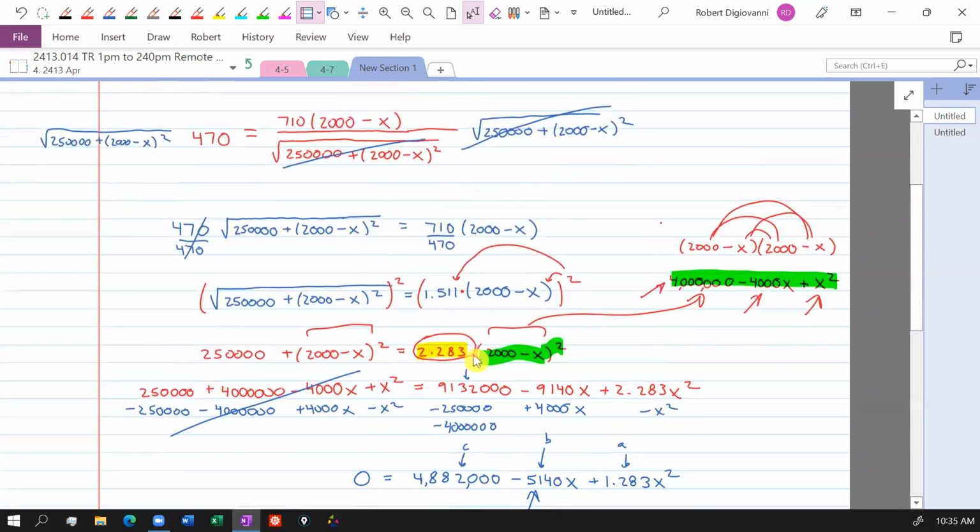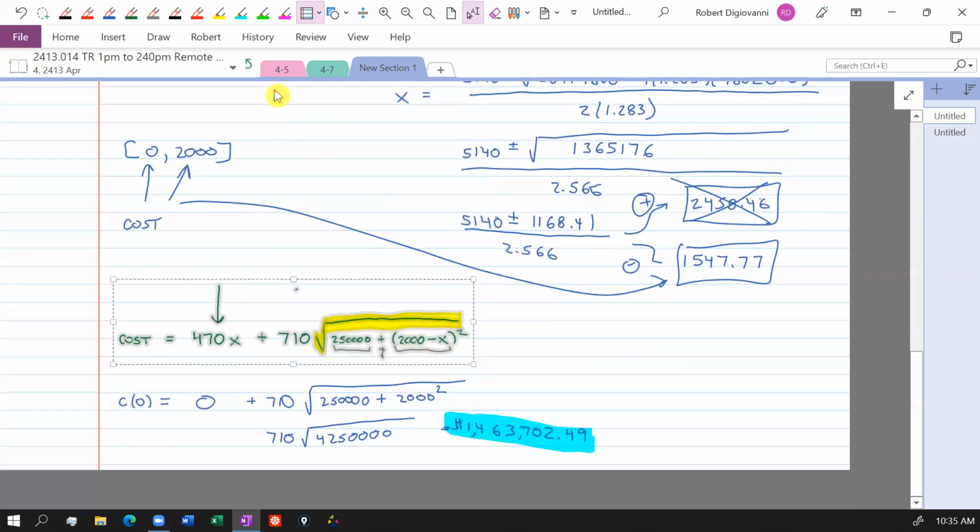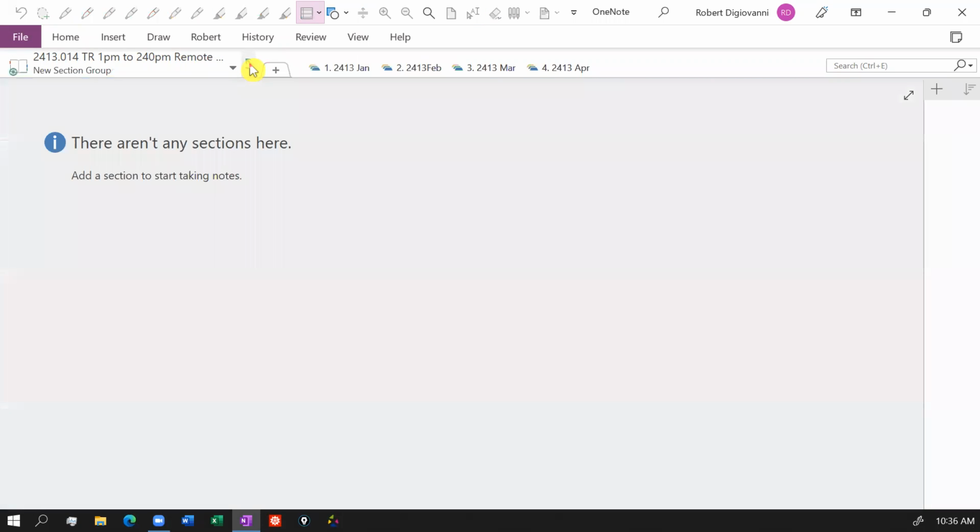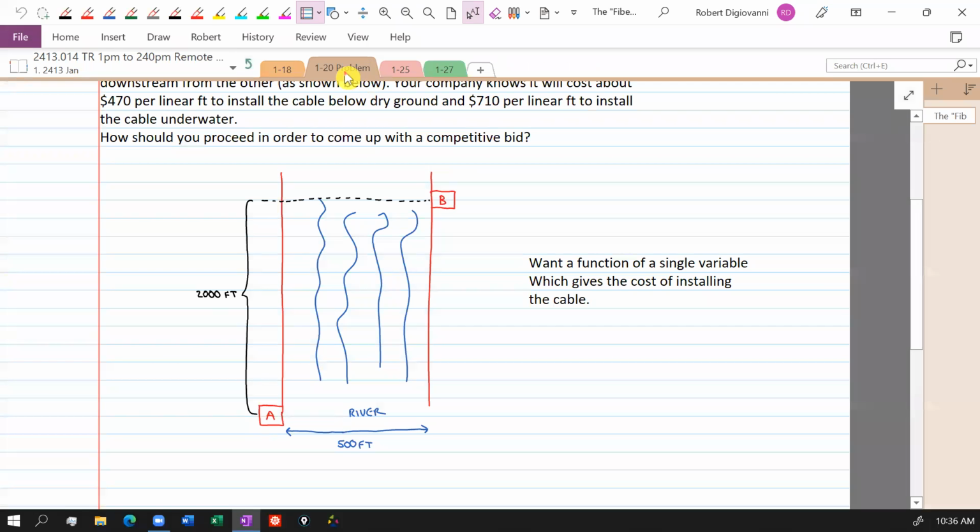We have found that the best way to do this, let me just summarize here, is to start here at A, go down that distance, and you want that distance to be 1547.77 feet.